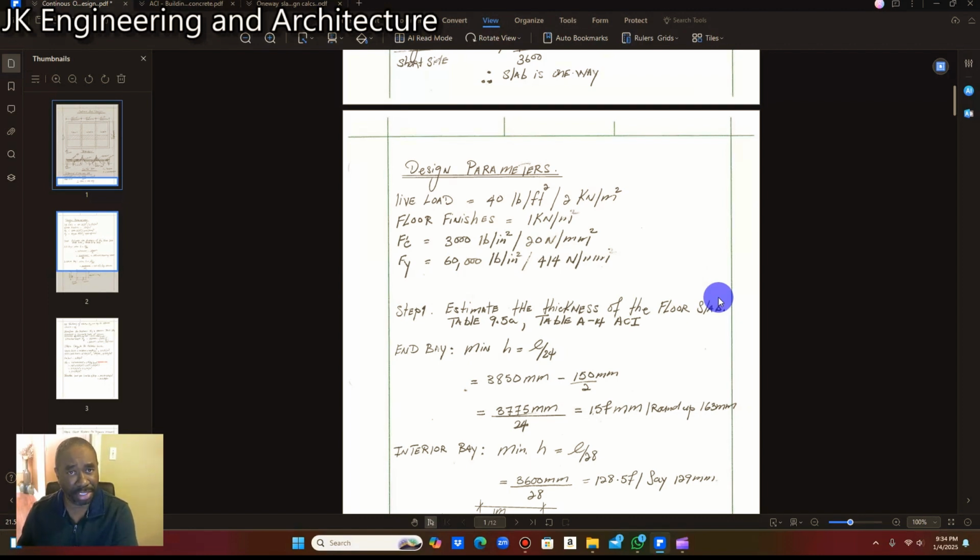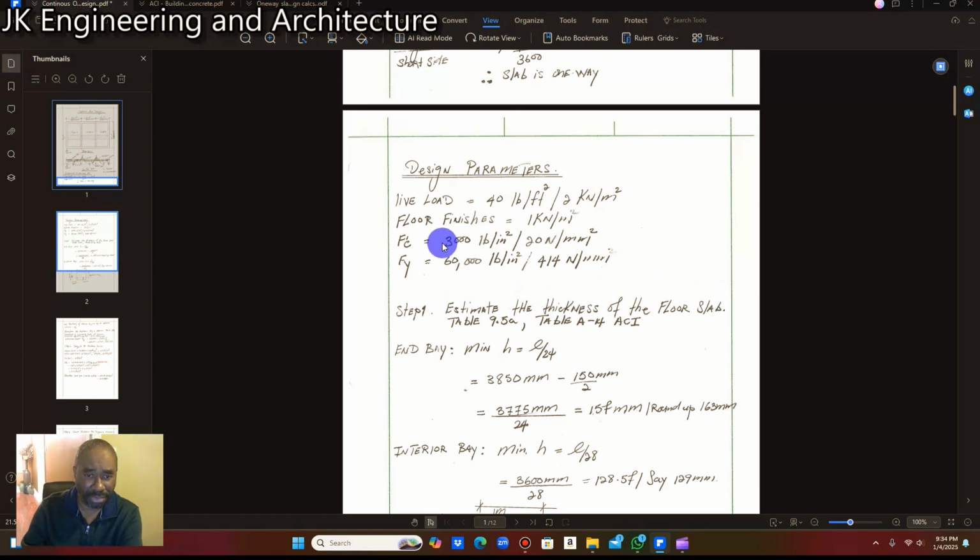And on your floor finishes, you know that when you put on your slab, you're going to put tiles on top of your slab. All right, so that 1 kilonewton per meter square is what is accounted for the floor finishes, or your tiles. All right, and remember now you have to lay your tiles with mortar, so that is going to increase the dead load of the slab.